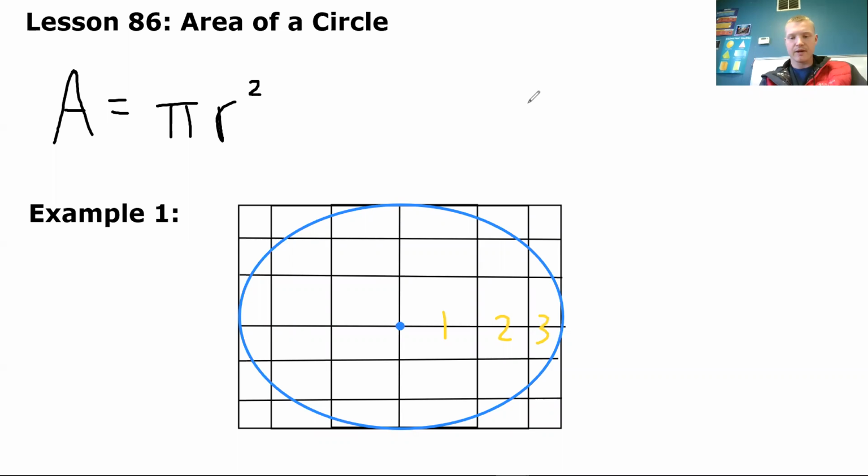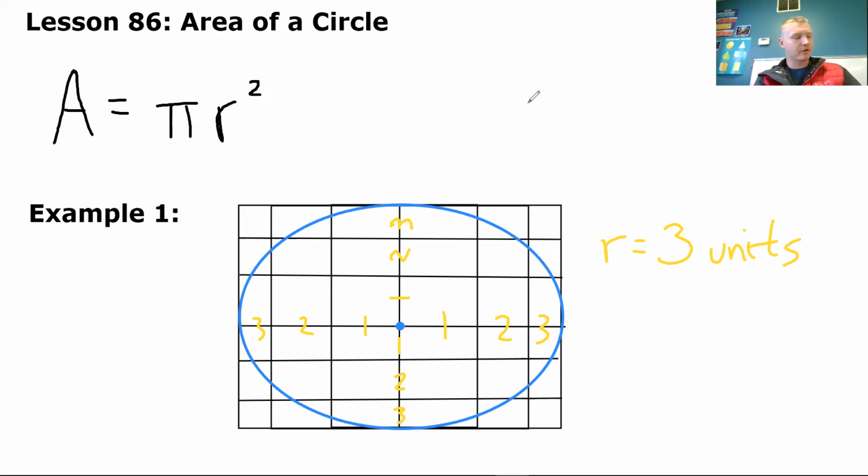And if I do that on all the other parts too, you're going to notice that all the way around you have 3 units from your center point to the edge. So our radius, r, equals 3 units. That's part A.